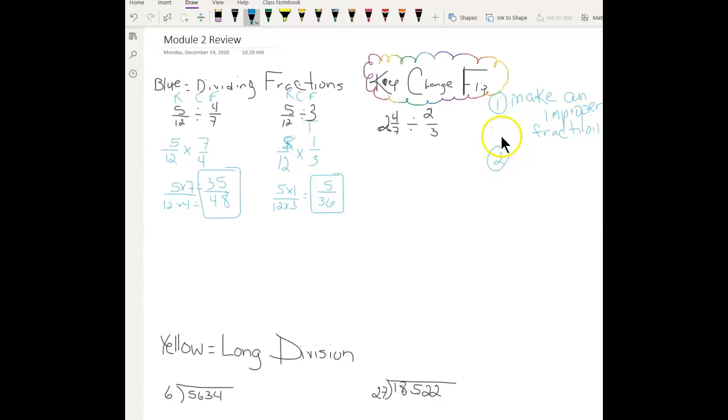Then you're going to keep, change, flip. So we have to take this one right here and turn it into an improper fraction before we can do the rest of the problem.